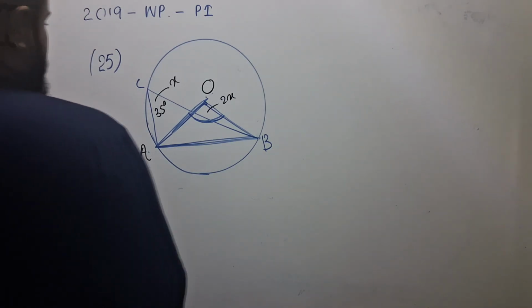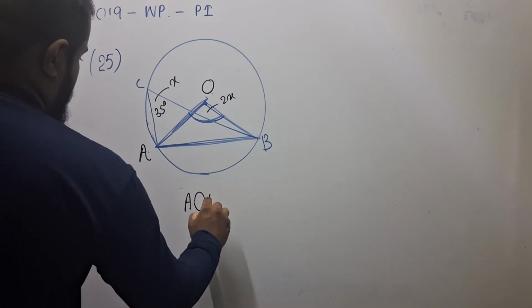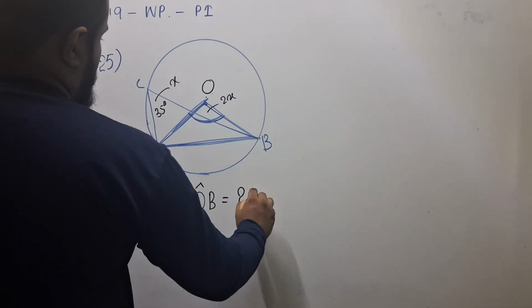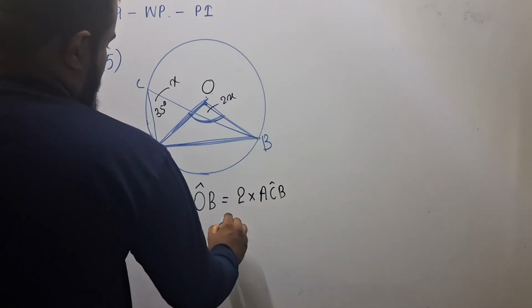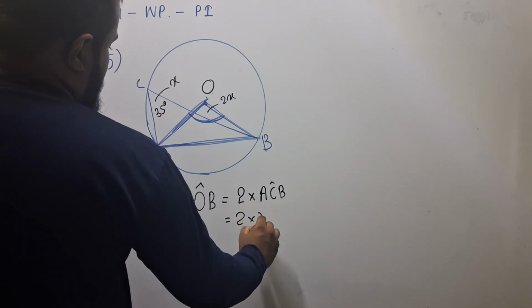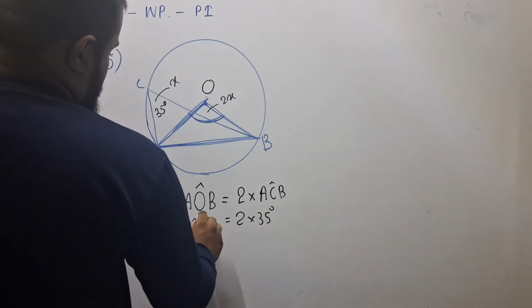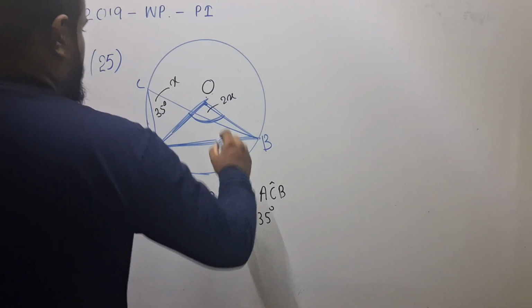How do we do that question? To do that question, you can find AOB first. AOB equals 2 times ACB. So it becomes 2 times 35, which is 70 degrees. Now you know this one's value.